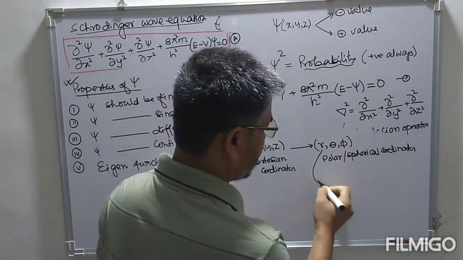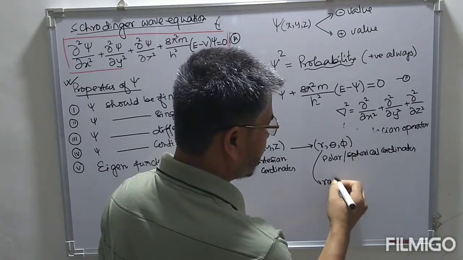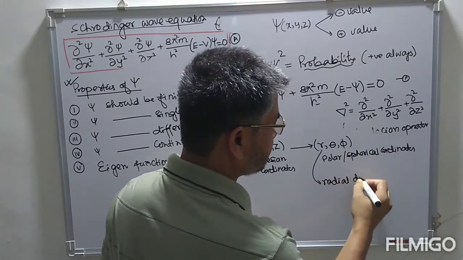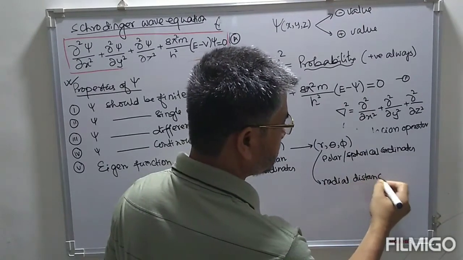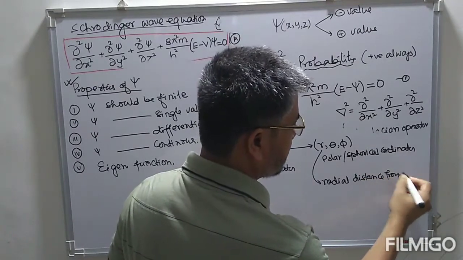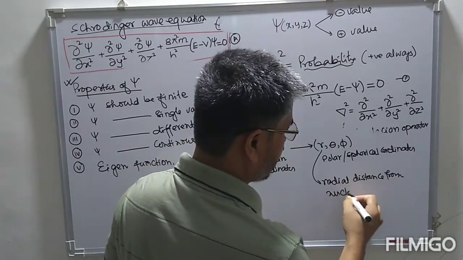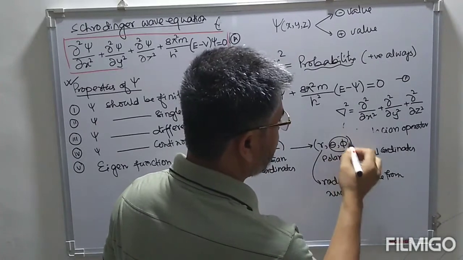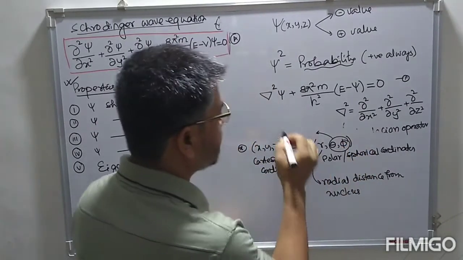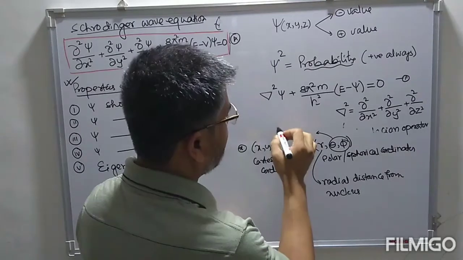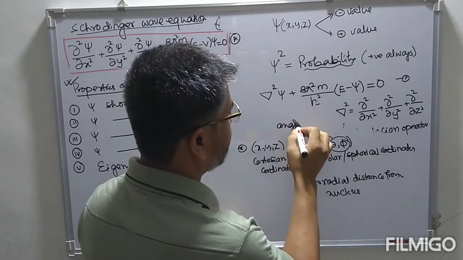Here, r represents the radial distance from the nucleus, and theta and phi represent angular dependence.